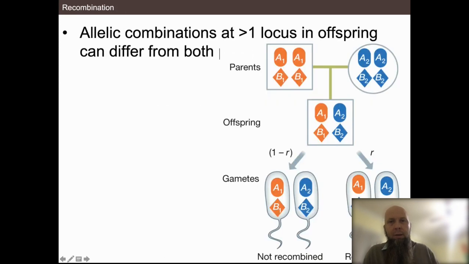So if we look back at this slide, the offspring in the middle has A1, B1, and A2, B2. They have 2 copies of A, 2 copies of B, all right? If gene A and gene B are on the exact same chromosome, then when this offspring in the middle produces gametes, it could only produce the gametes on the left, unless something we call recombination happens, okay?